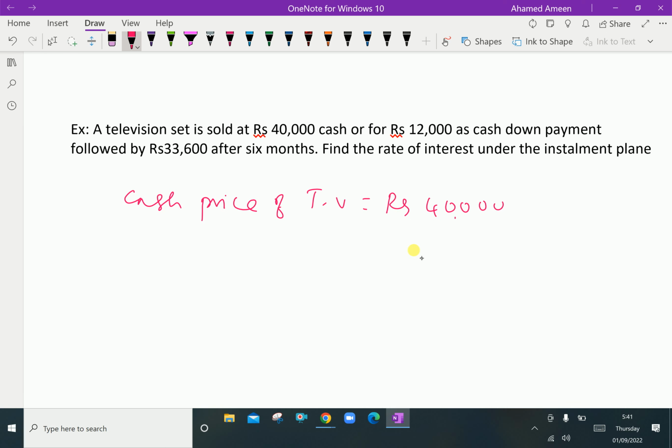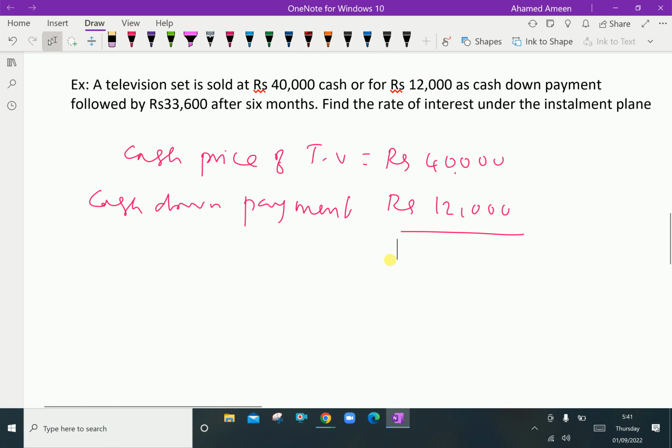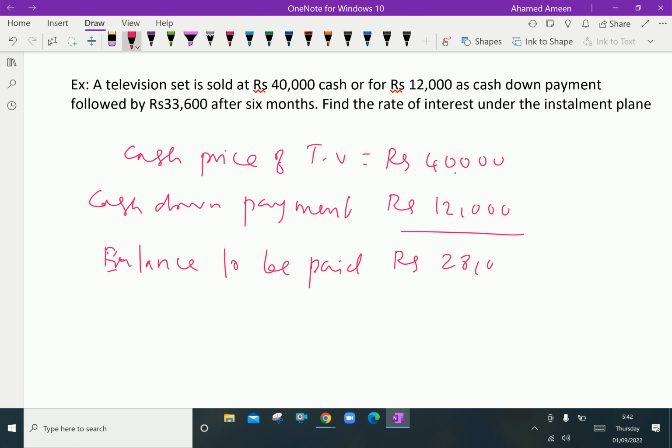Cash down payment is rupees 12,000. Then the balance amount to be paid is, by subtraction, 40,000 minus 12,000, which is 28,000.